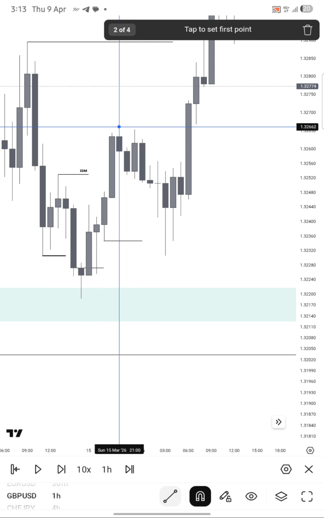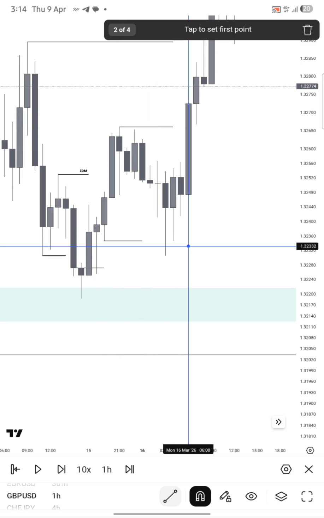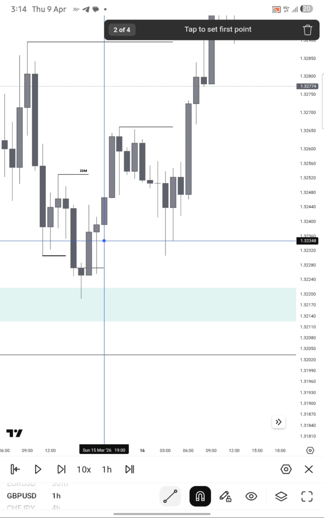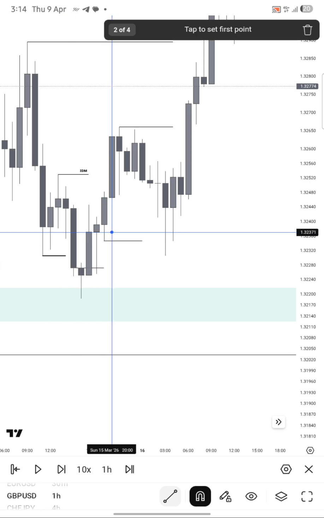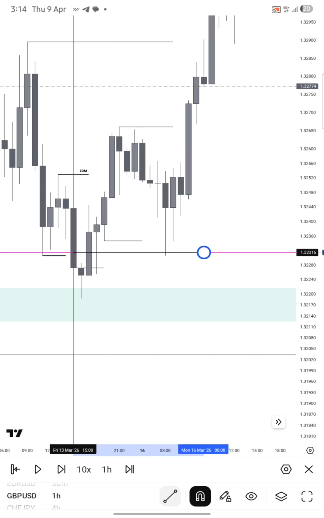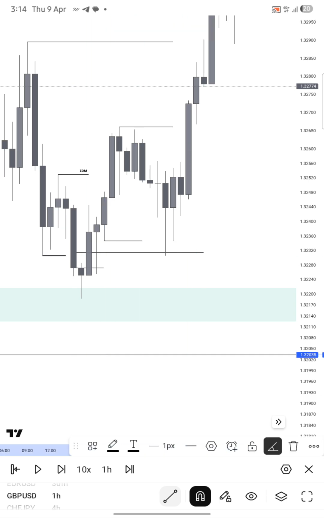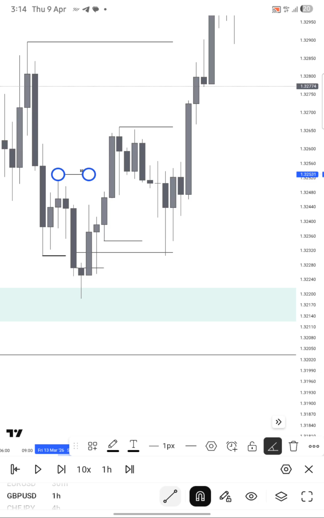So the market maker will come down and take out this liquidity and reverse from the 50% of the inverted fair value gap around here, taking out this liquidity and reversing from the 50% of the inverted fair value gap like this. So what we know right now is that in this inducement level, the liquidity is out.